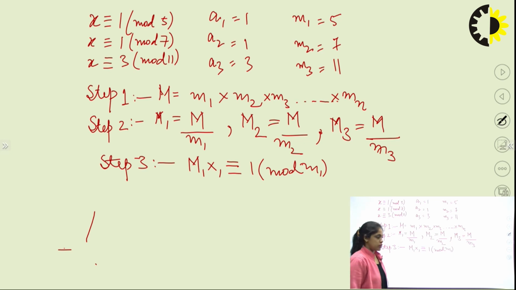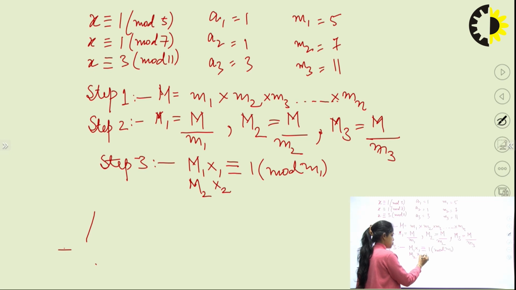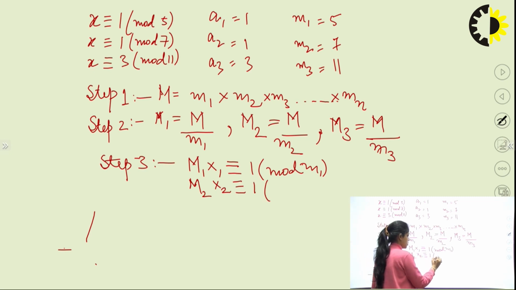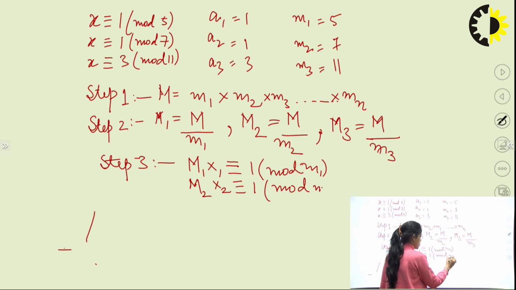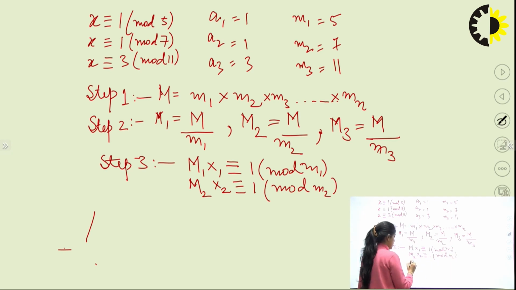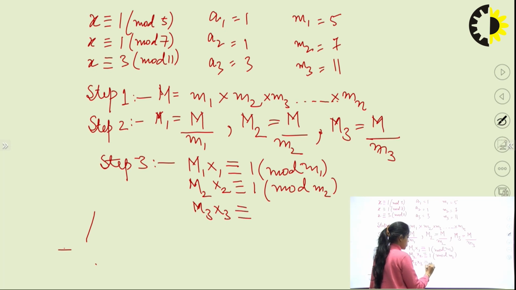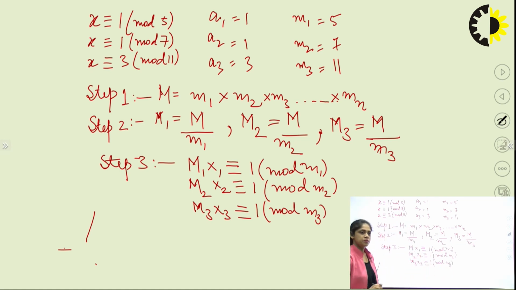In a similar way, for m2 it will be M2 x2 congruent to 1 mod m2, and for m3, M3 x3 will be congruent to 1 mod m3.